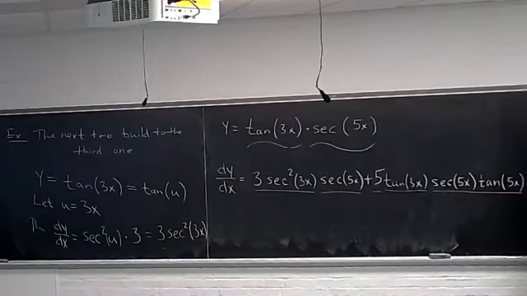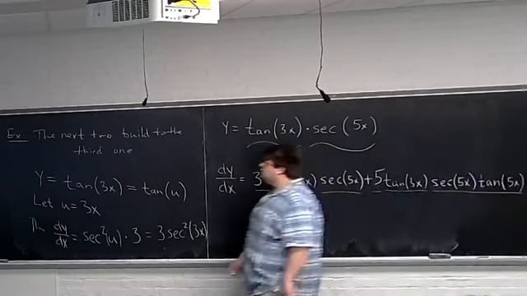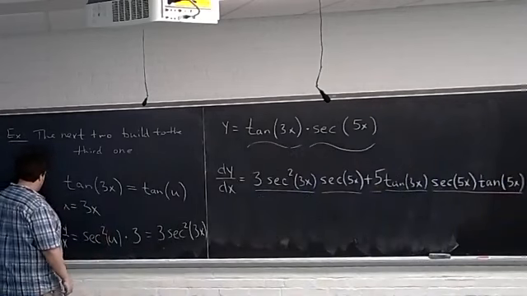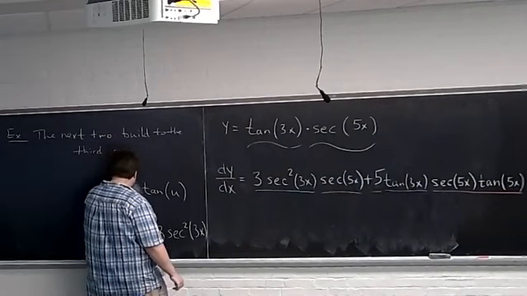Okay, so I said before, these next two will build to the third one. Well, here are these next two. What's the third one? The third one is this one. So really, the first built to the second, and the second is going to build to the third.